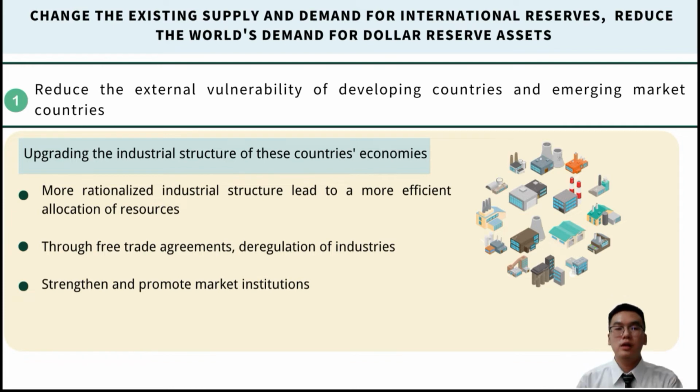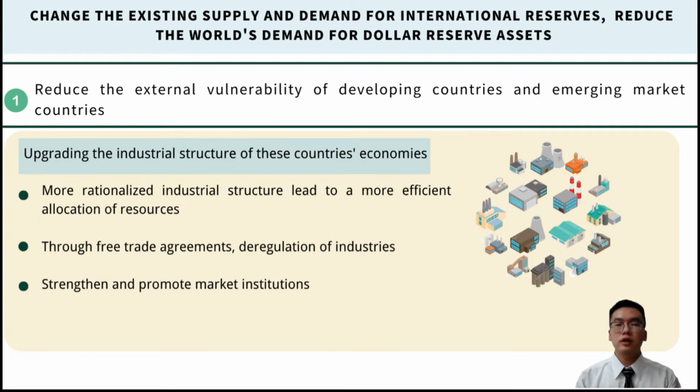There are several measures. First, to reduce the external vulnerability of developing countries and emerging market countries. It can be done in two ways. One, upgrading the industry structure of their country economies. A more resilient industrial structure can lead to more efficient allocation of resources.